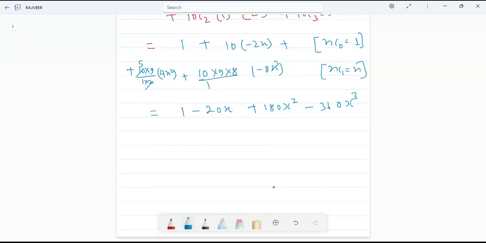That's it. So 3 times 2 is 6 and 4 times, so 4 threes are 12, 10 are 120, times 8 will be 960. This will be the answer.